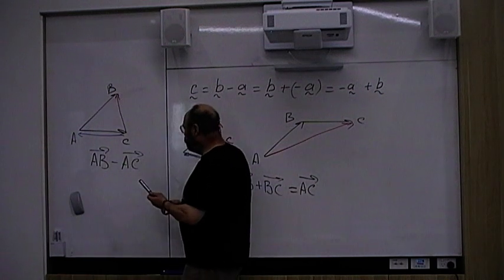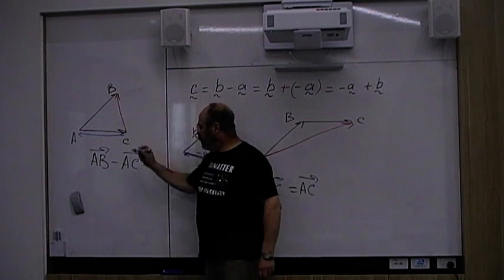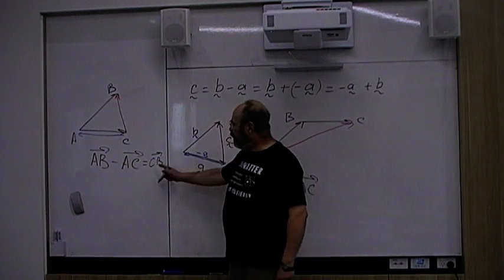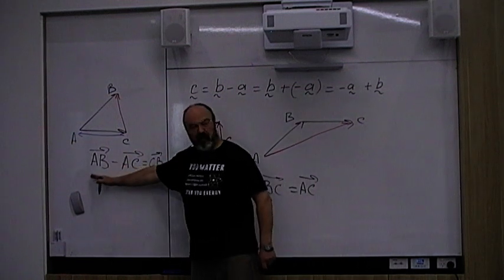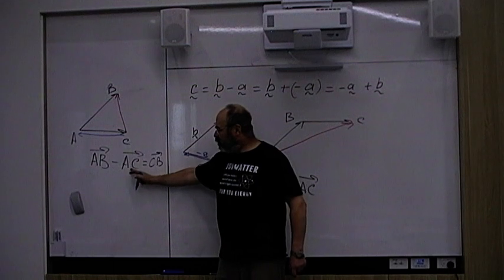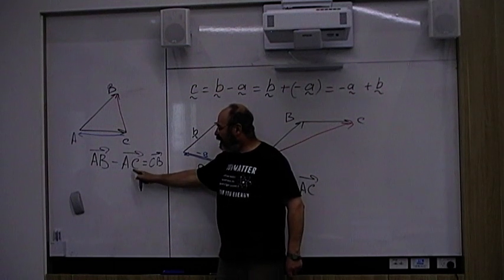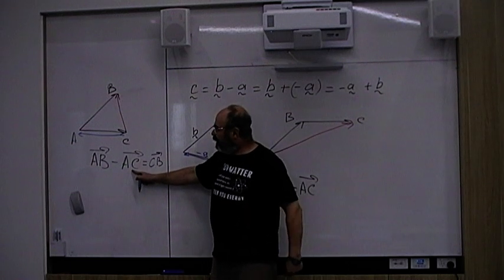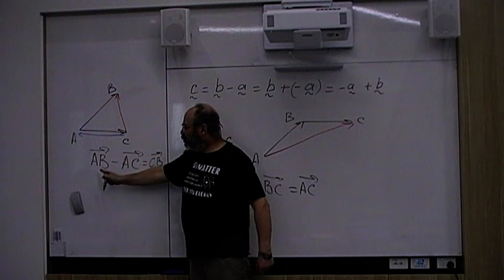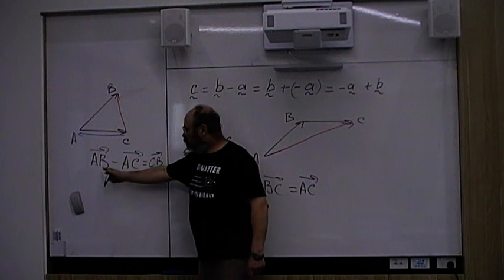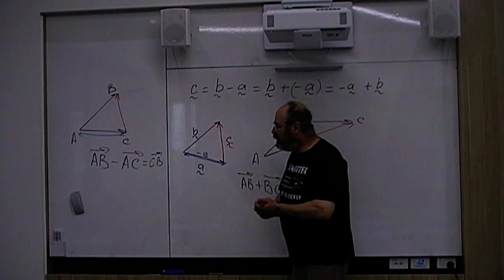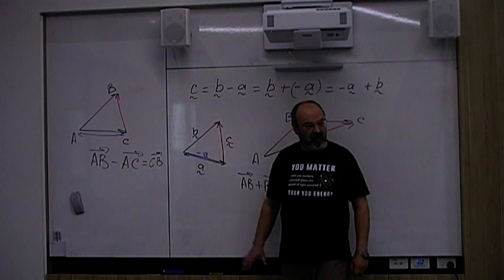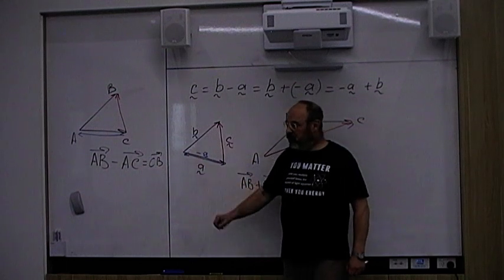How do we name this vector? CB. So as you can see, when we subtract vector AB minus vector AC, the resultant vector starts at the end of the vector which we are subtracting and ends at the end of the vector from which we are subtracting. So when we have AB minus AC, you can straight away say that it's vector CB. Make sense?